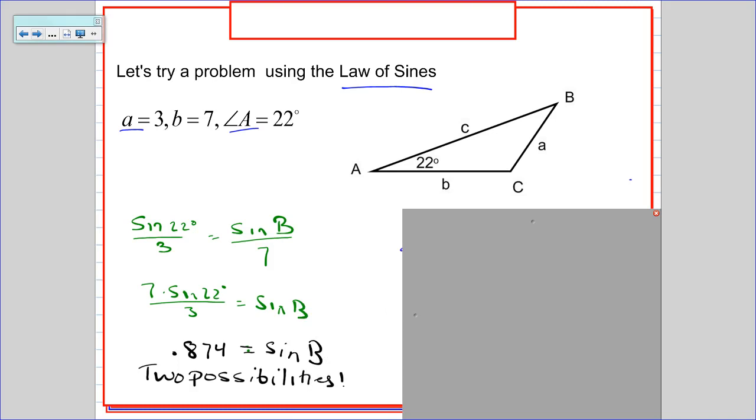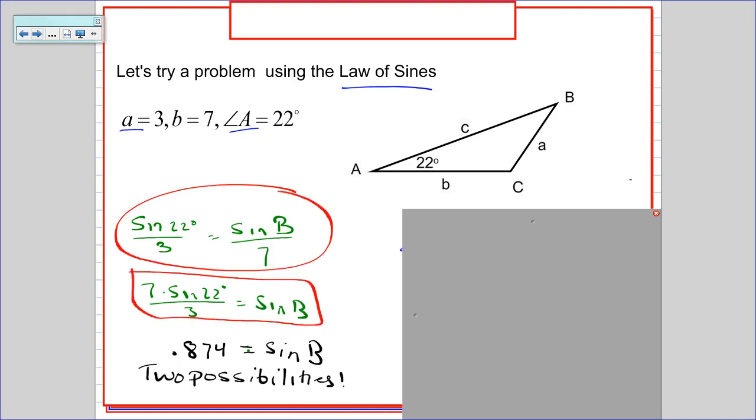I set up my proportion. I multiply to get the sine of B by itself. And what I find here is that the sine of B equals 0.874.